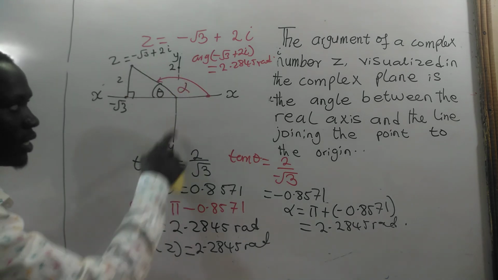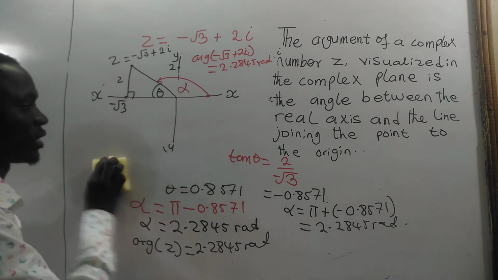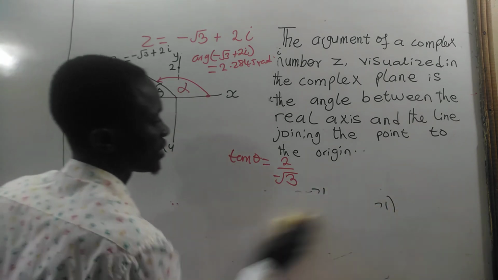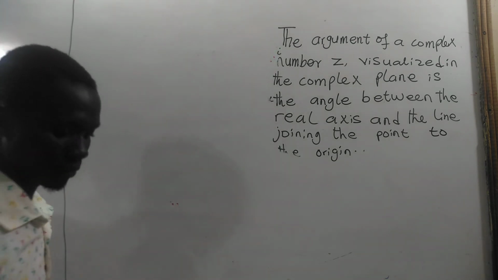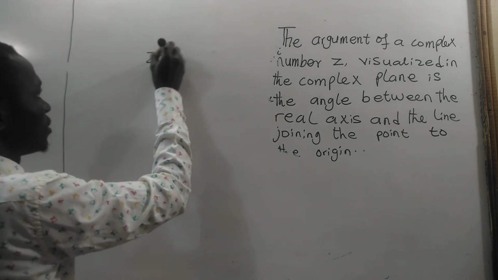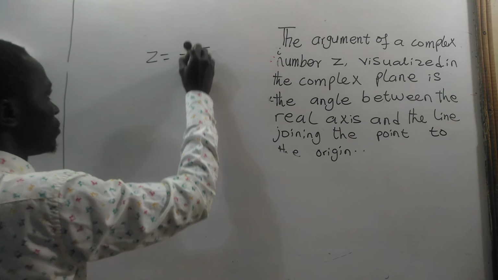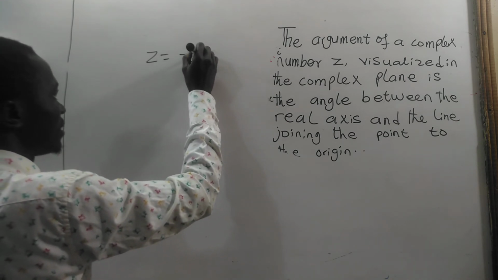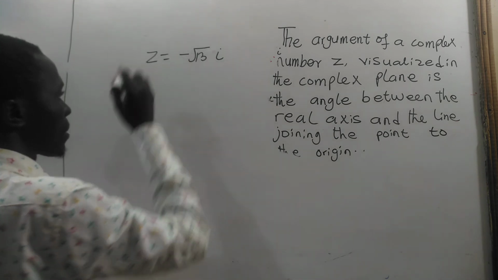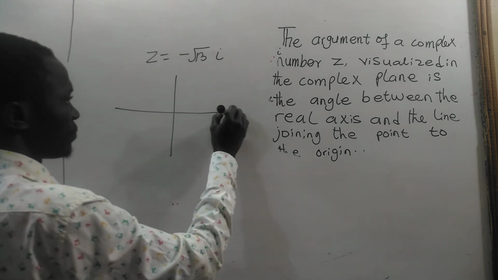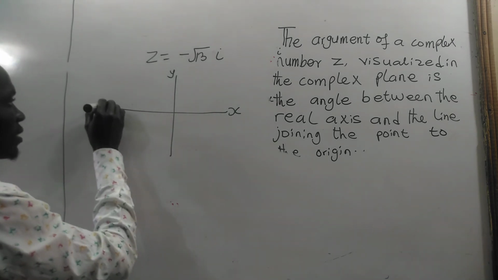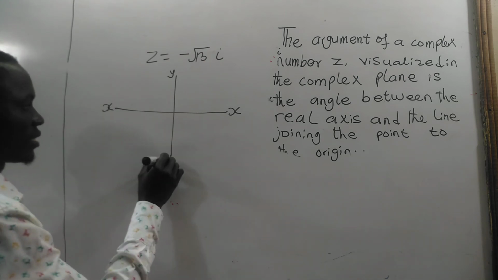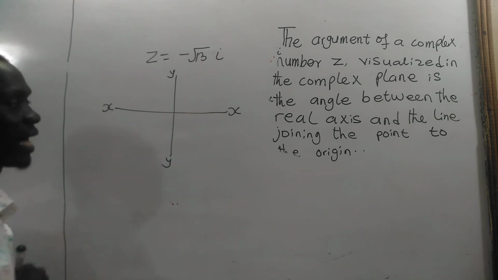So I hope you've done it here, here, here, here. So we are coming to this point, and we are also done here. So now let us take, for instance, z equal to negative root 13i. So this is the positive real axis, positive imaginary axis, negative real axis, and negative imaginary axis.